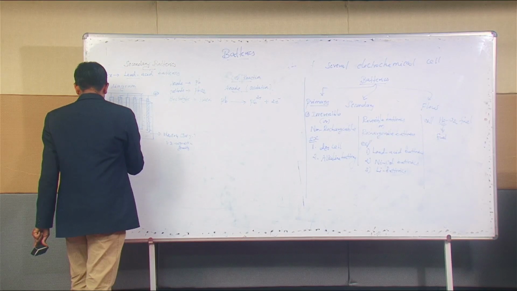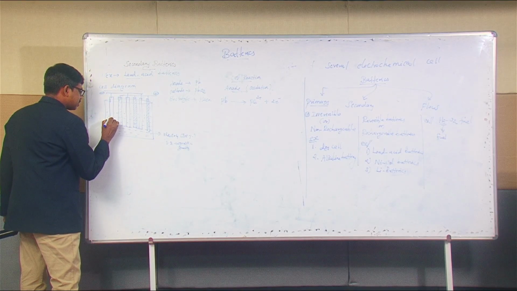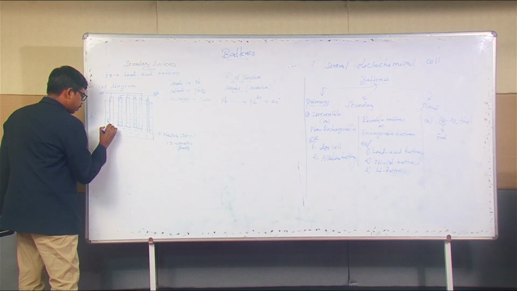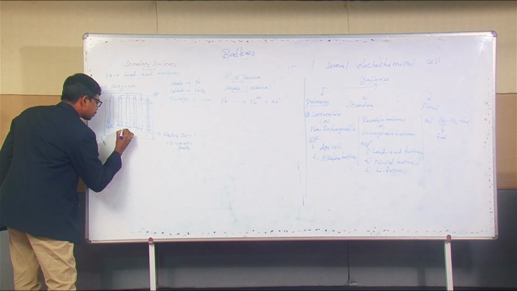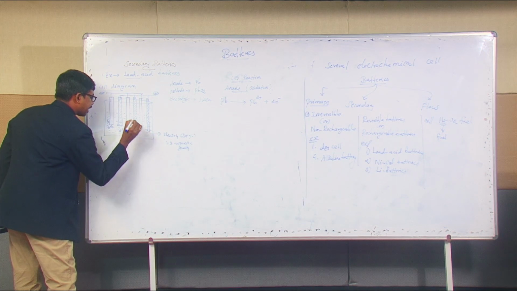So the lead discharges 2 electrons to form lead 2 plus entering the electrolyte, which consists of H plus and SO4 2 minus.